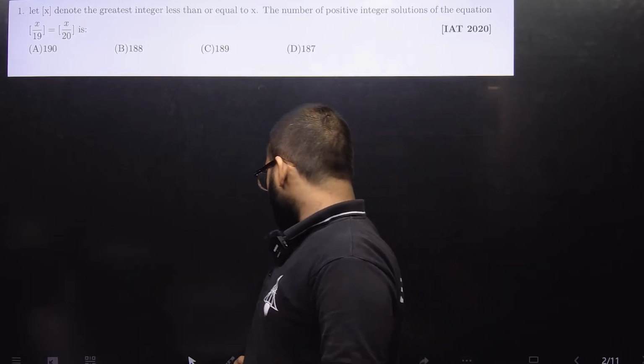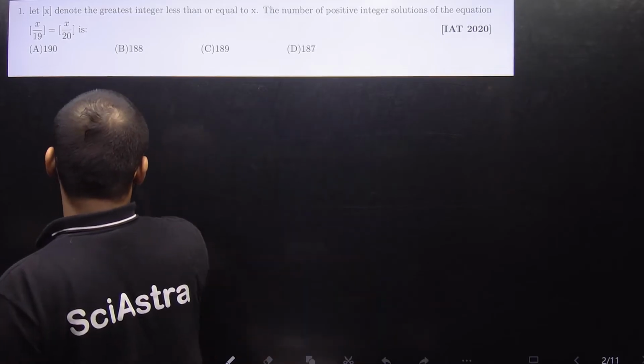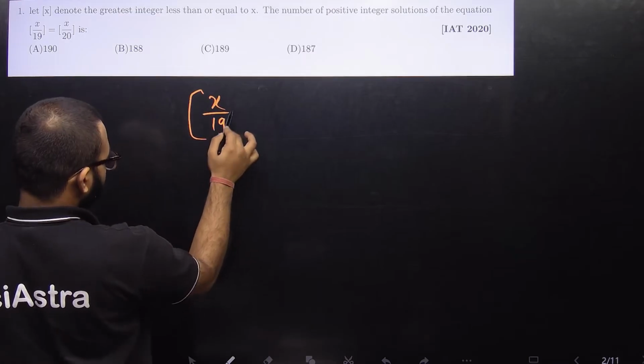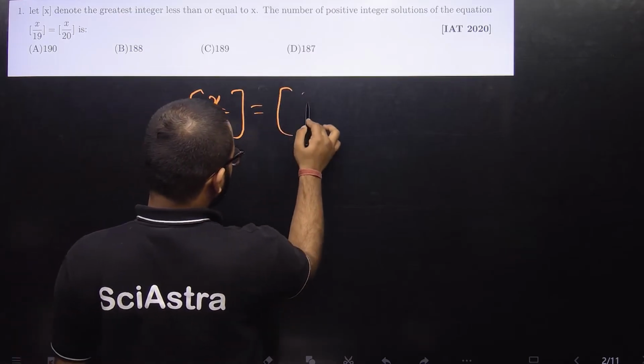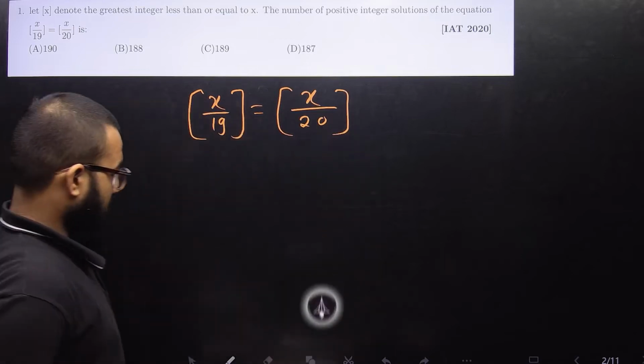The next question is from GIF, the Greatest Integer Function, and in this question we are given that floor of x by 19, GIF is generally called the floor function, is equal to floor of x by 20. Now we have to find the number of positive integers which satisfy this equation. All right.